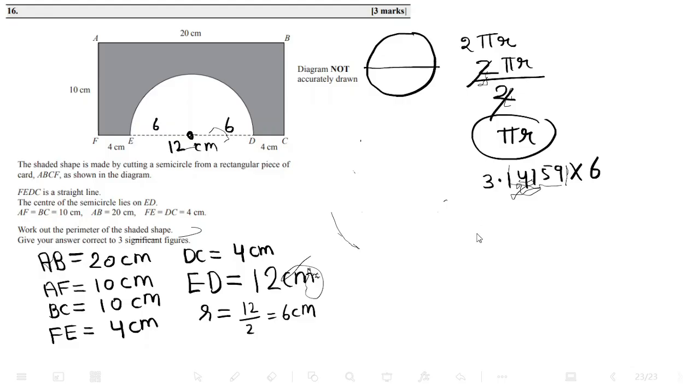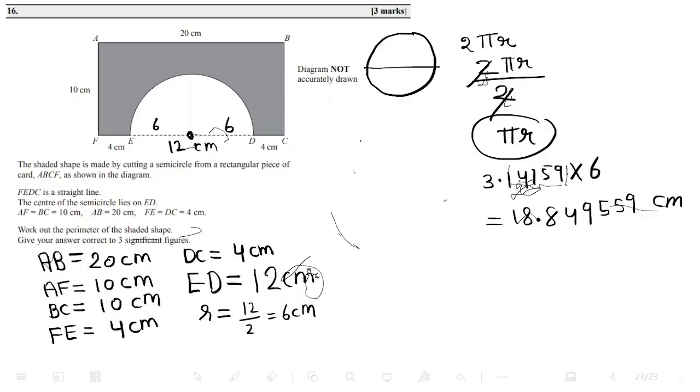If we multiply both of them, we will get 18.849559, and the unit is centimeter, because circumference is always in centimeters.